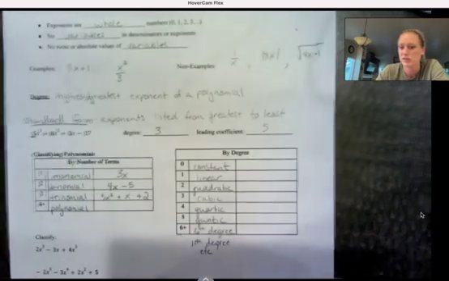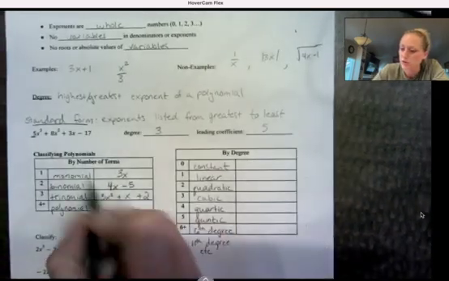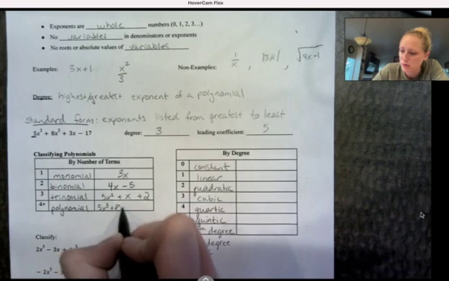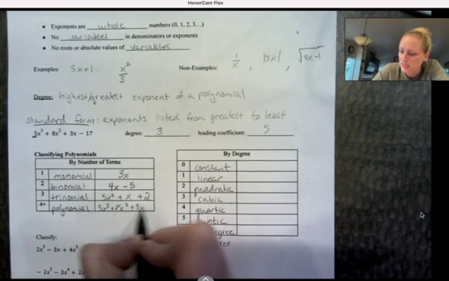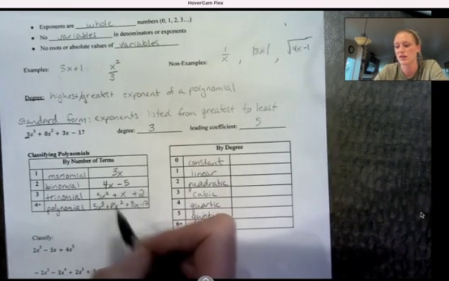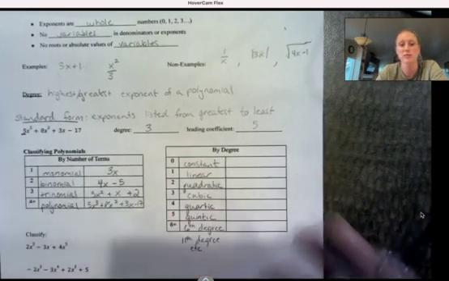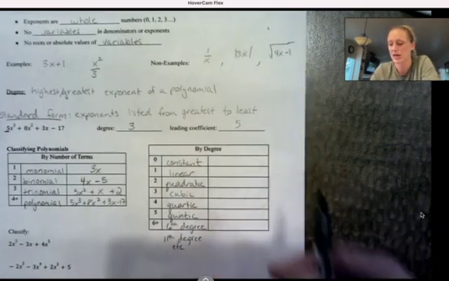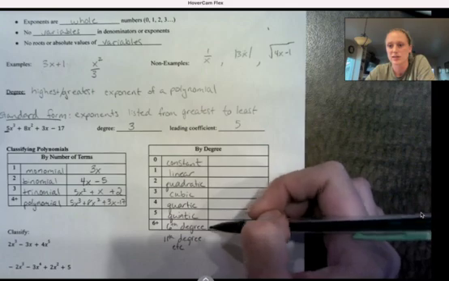And a polynomial is anything that has 4 or more. So that example from up above, 5x cubed plus 8x squared plus 3x minus 17, would be an example of a polynomial. But for anything under 4 terms, we have specific names that give us more clarification as to how many terms it has.